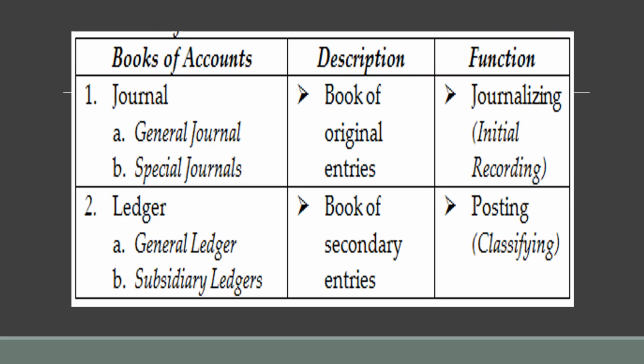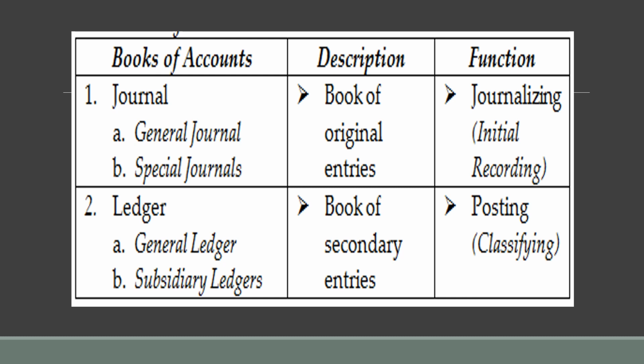To summarize the two major book of accounts, so it is journals and ledgers. So these two books of accounts also have two types. In journals, we have general journals and special journals, and in ledgers, we have what we call general ledger and subsidiary ledgers. So journals is called as the book of original entries, while ledger is called as the book of secondary entries.